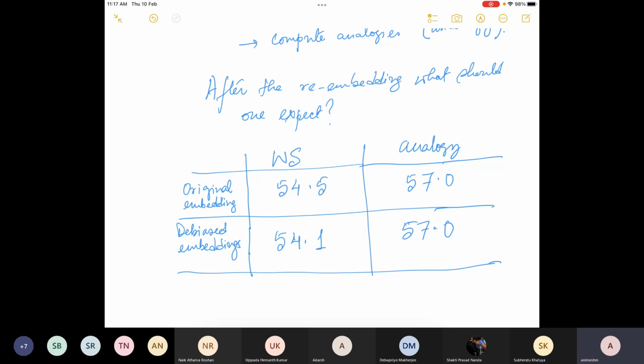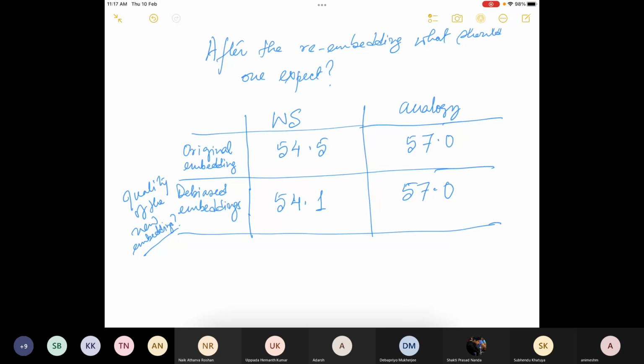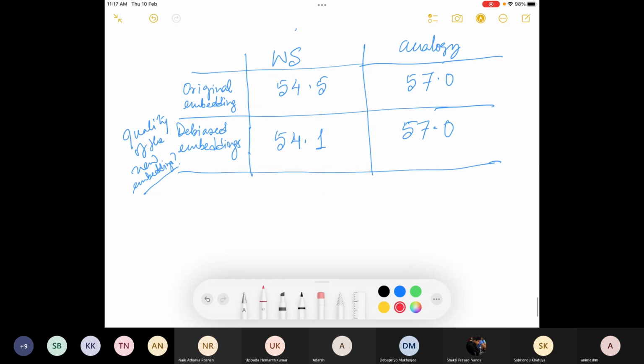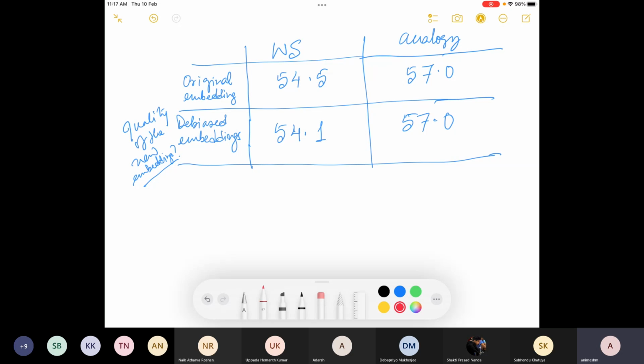What is your observation from this? What can you comment about the quality of the new embeddings? How do you think are the quality of the new embeddings?